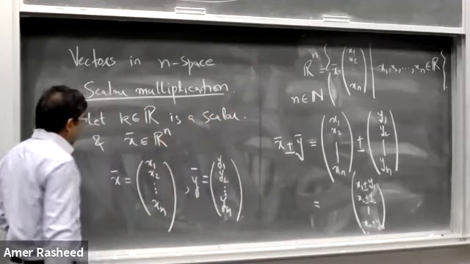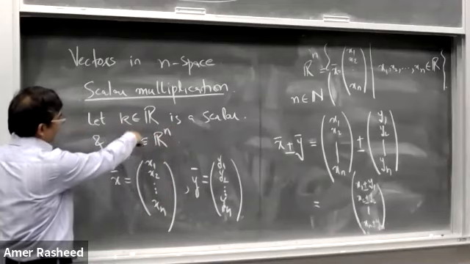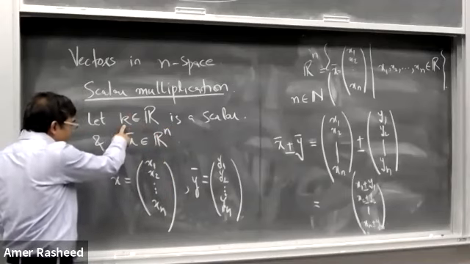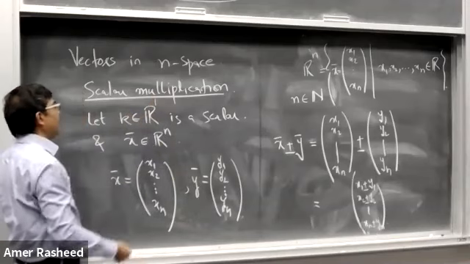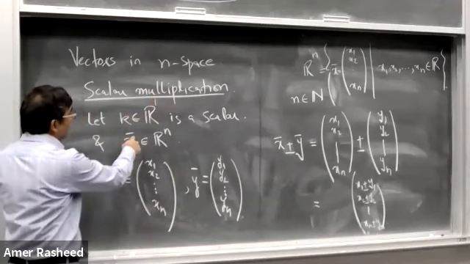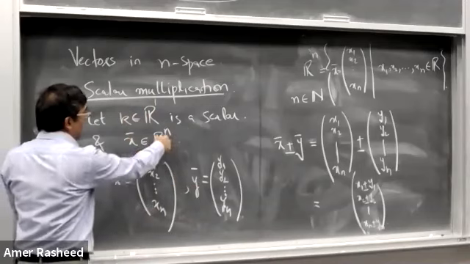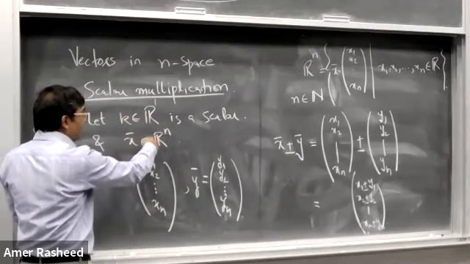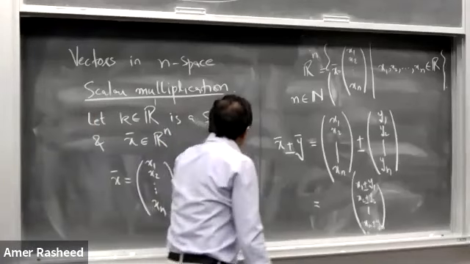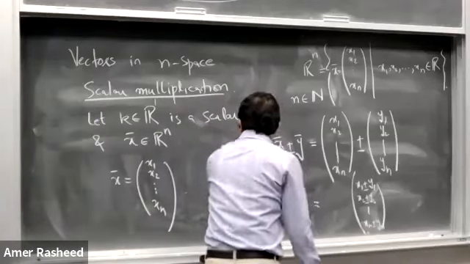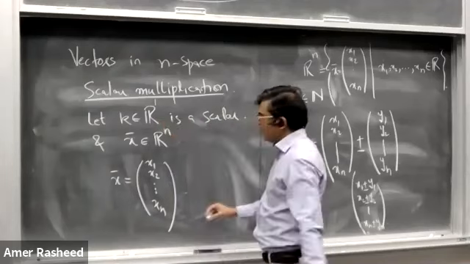Now, I should be able to distinguish what k is. k belongs to R1, which means k is some real number, some constant, whereas x bar belongs to Rn and is a vector having n components. Now, how do we multiply this vector by the scalar k?